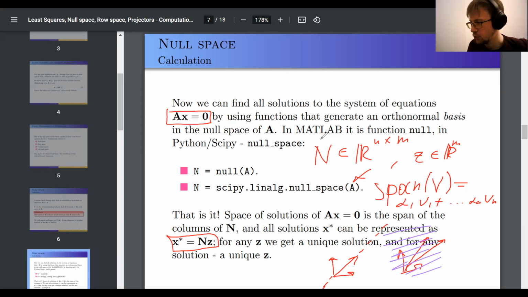For example, this point here can be reached by scaling this vector all the way here, then subtracting this other one all the way here.